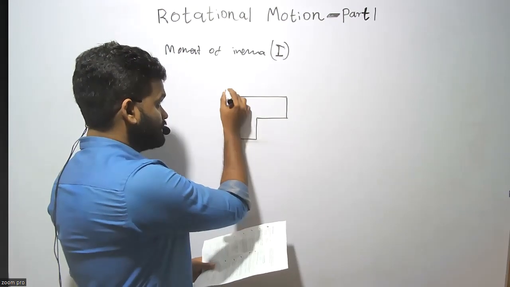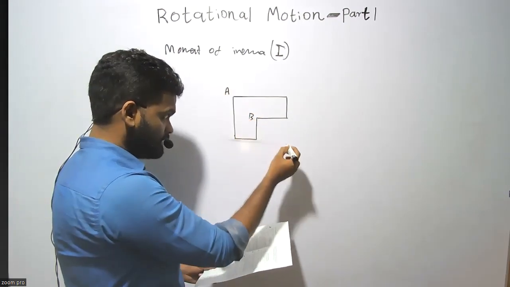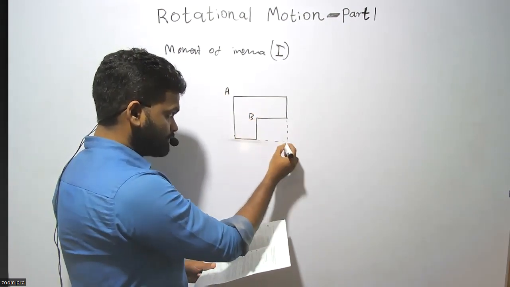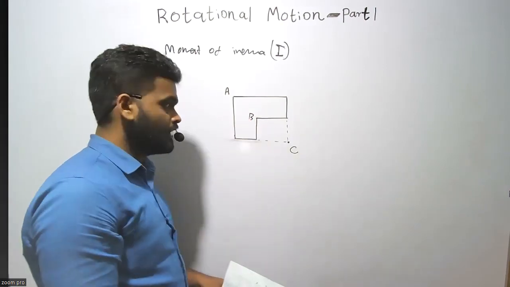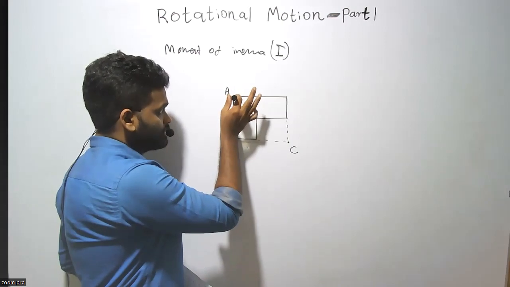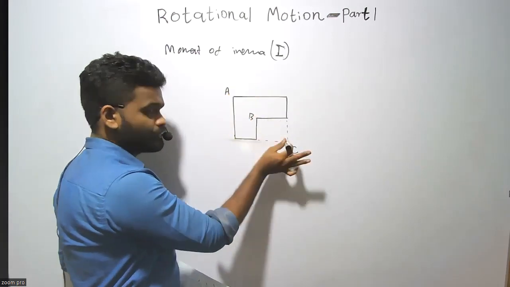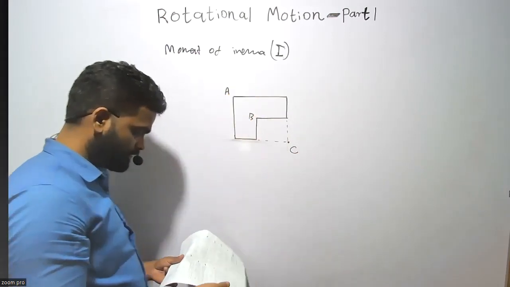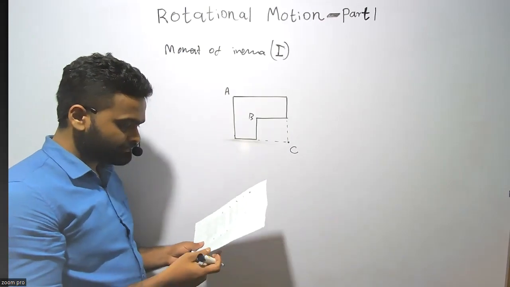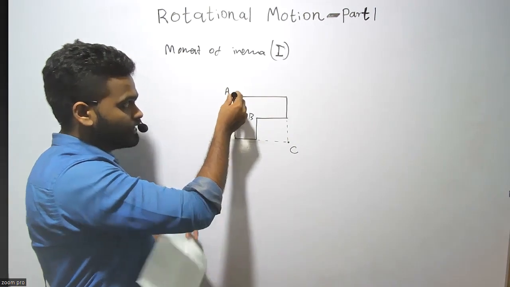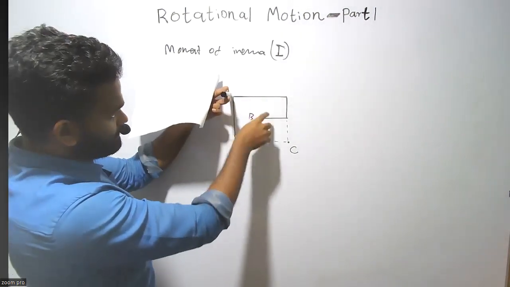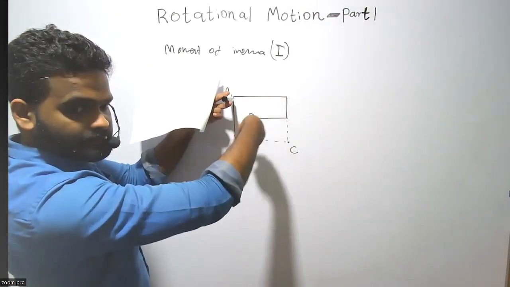Then we have these points A, B, and this point C. Okay. So through each point, there is an axis going through in each case. So what they ask is, let's say for A, the axis goes through. Then you need to rotate this object around that axis.